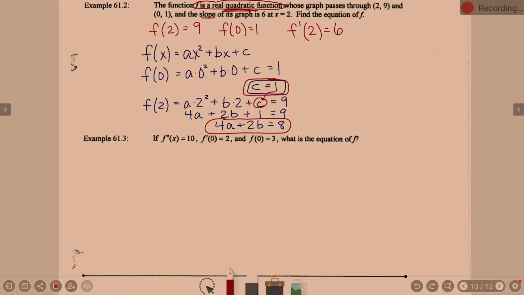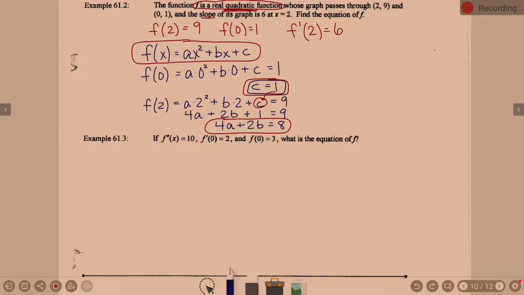And if you think about what we've used: f of 2 equals 9, we've used f of 0 equals 1. What have we not used? Our derivative, yes? So go back. What is our main function here? Our main function is that f of x equals ax squared plus bx plus c.